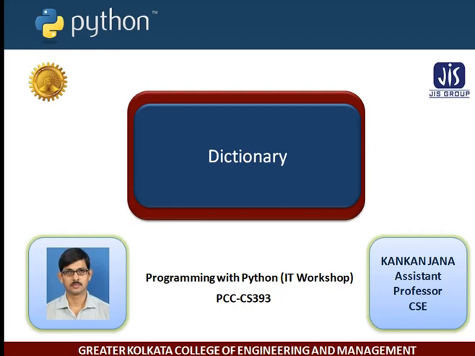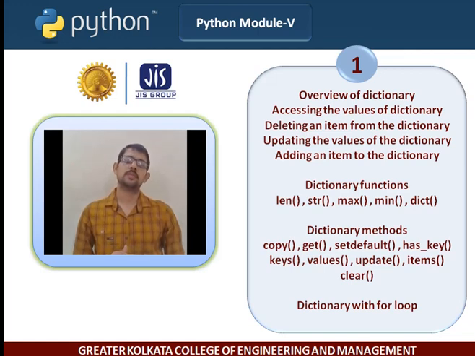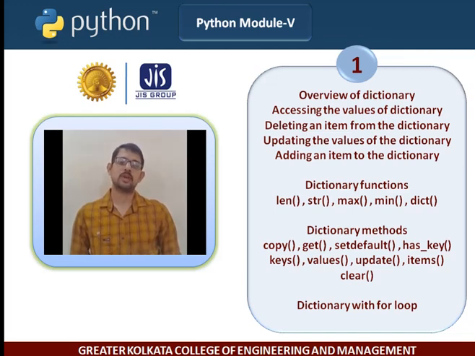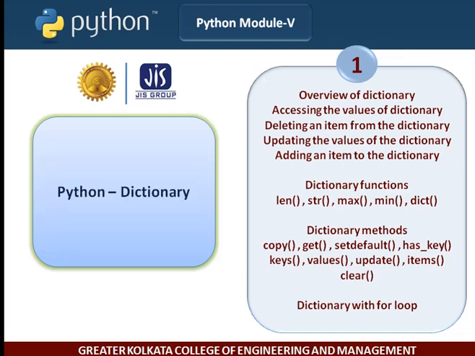This module is about Python dictionary. The topics in module 5 that we will cover are: overview of dictionary, accessing the values of dictionary, deleting an item from the dictionary, updating the values of the dictionary, adding an item to the dictionary, and dictionary functions that we will learn: len, str, max, min, dict.